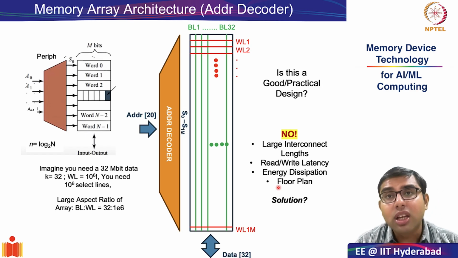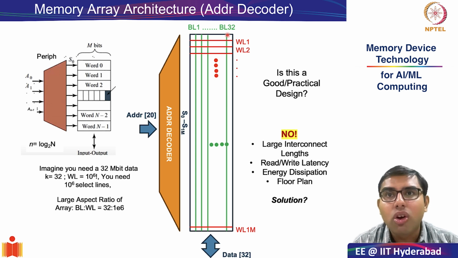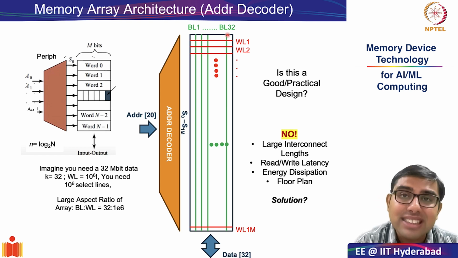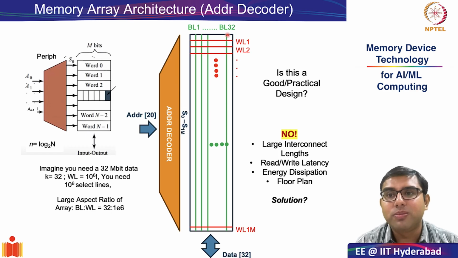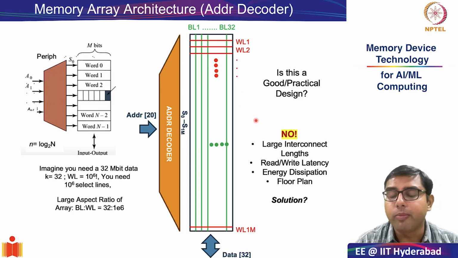We will soon see that although we are representing these bit lines and word lines with just simple lines, in reality there will be a lumped circuit element consisting of both resistive and capacitive elements. When you try to charge and discharge these resistive and capacitive elements, there will be a lot of heat dissipation and ohmic losses. And this is the energy dissipation that we are discussing here.